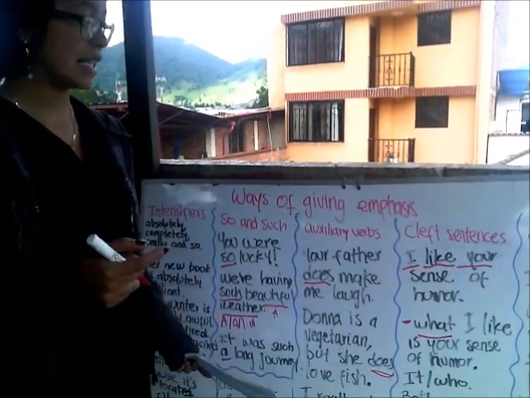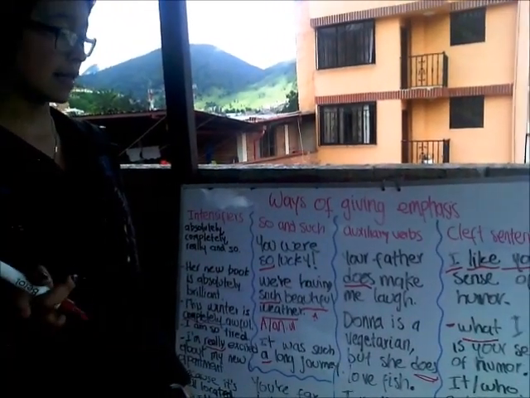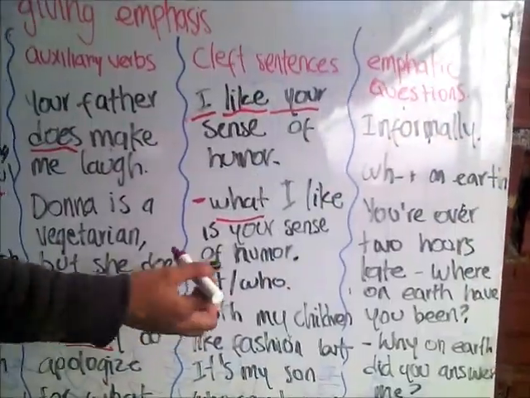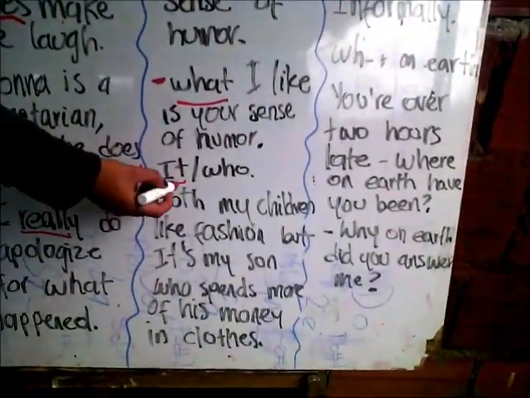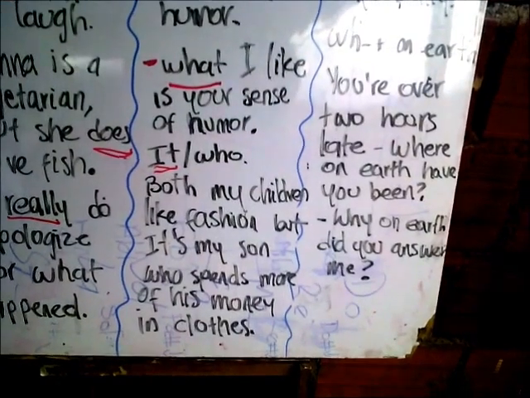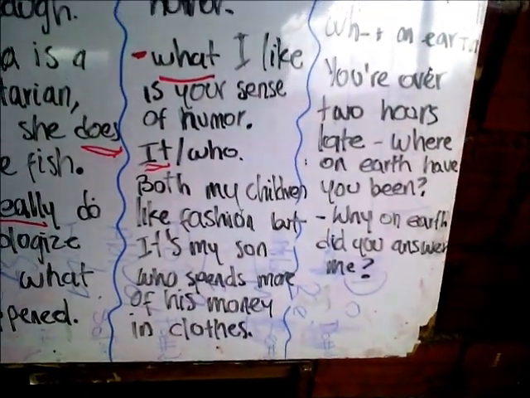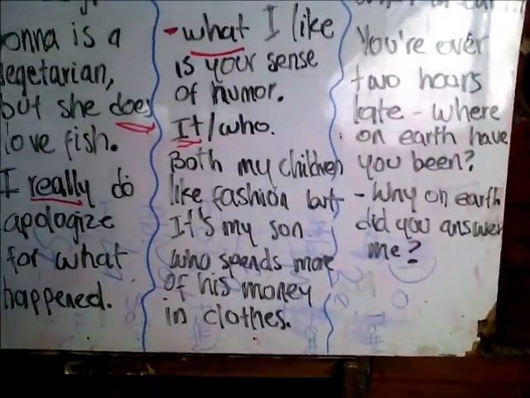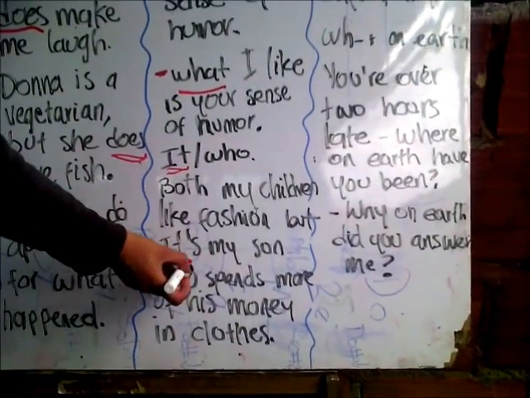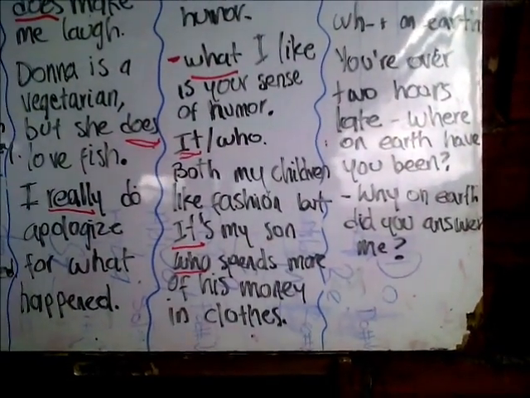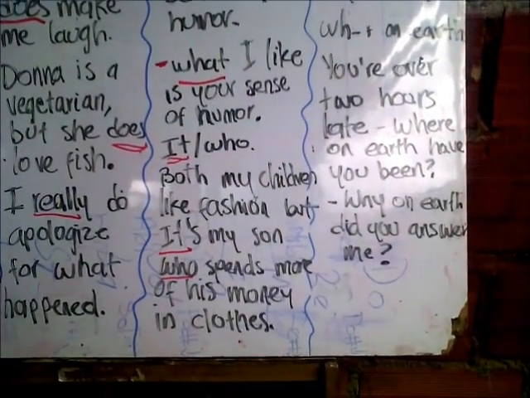Similarly, if we want to emphasize a person, we use it plus be plus who. For example, both my children like fashion, but it's my son who spends more of his money on clothes.